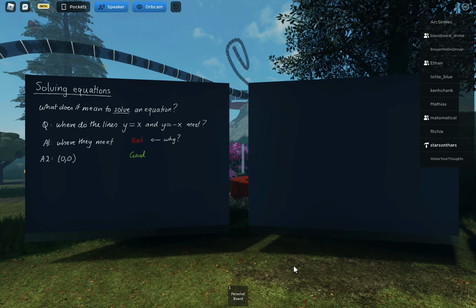So first, I want to not stick with this description of lines. I want to be a bit more explicit. So when we say the line y equals x, the thing that's wrong with this expression is that it's kind of mixing up the idea of an equation and the idea of a function.